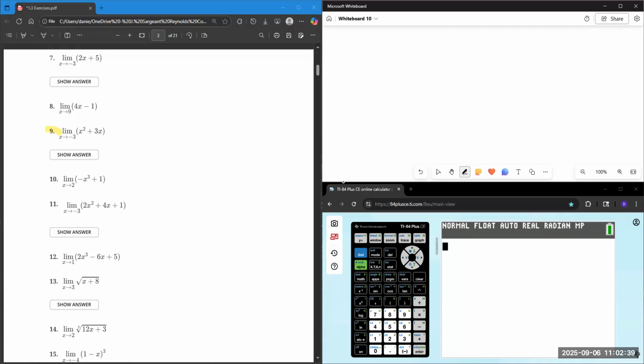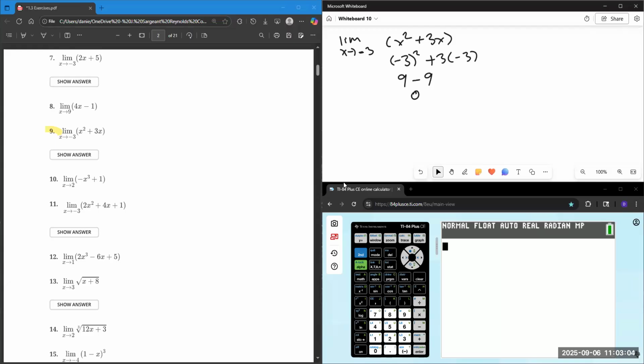So first we start off with a polynomial function that we're going to be able to use direct substitution for. So as x approaches -3, x squared plus 3x, we'll stick in -3 for our x. And we'll learn more when we talk about continuity why we're allowed to do this.